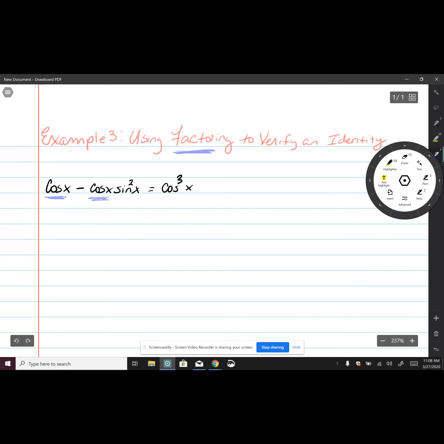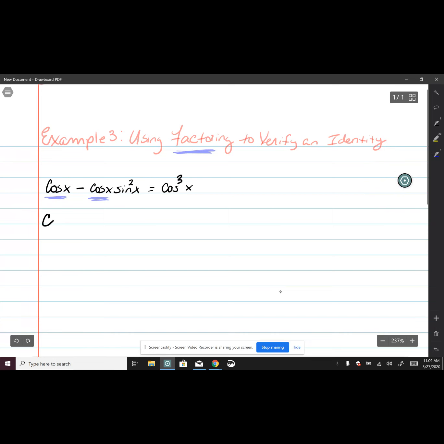So that means I'm going to pull out my cosine x. That leaves me with 1 minus sine squared x. And ooh, I'm getting closer. That's kind of fun. But I have no idea what to do with this 1 minus sine squared x.